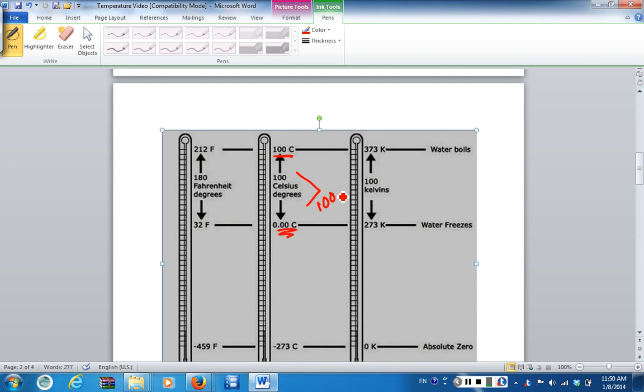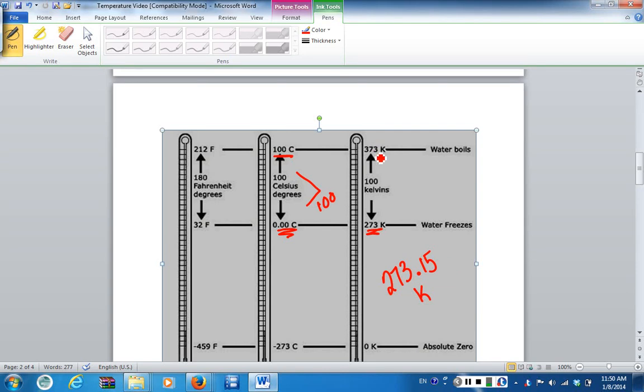Okay, now, if we compare this to the Kelvin scale, what you see is that on this temperature scale, we start at a different point. Here it is 273.15 Kelvin. Now, we have a different starting point compared to the Celsius.